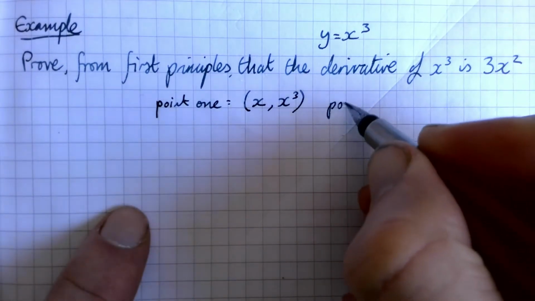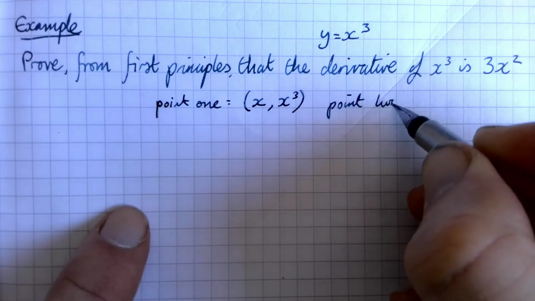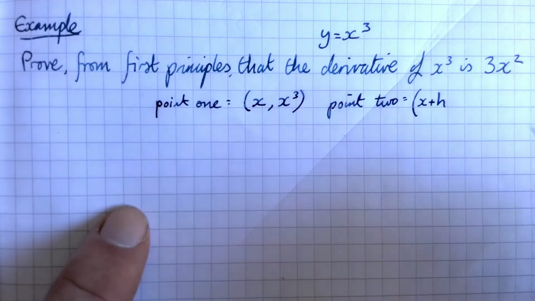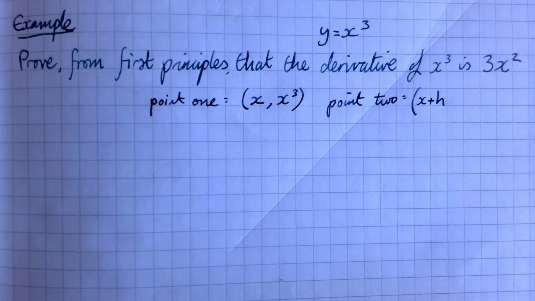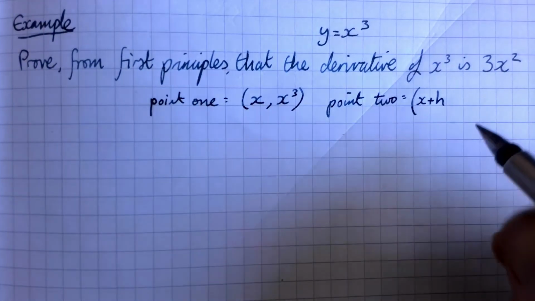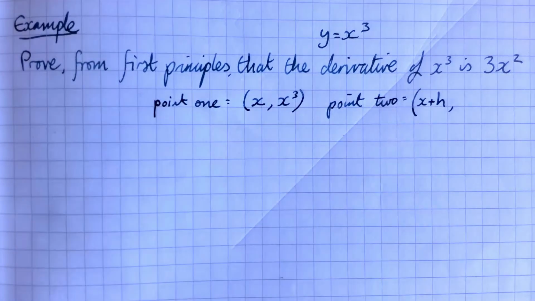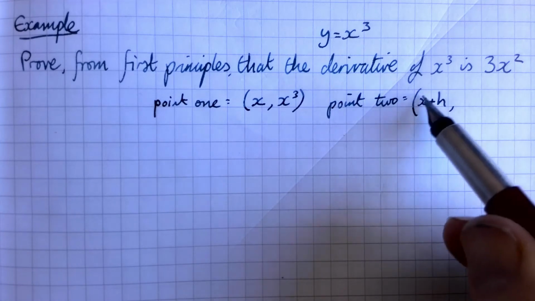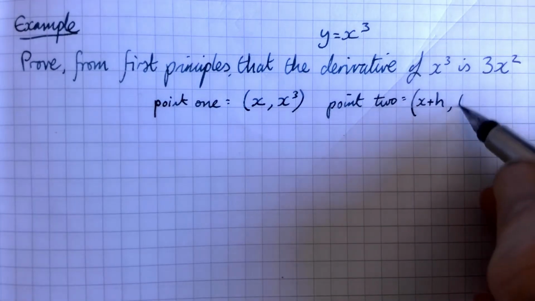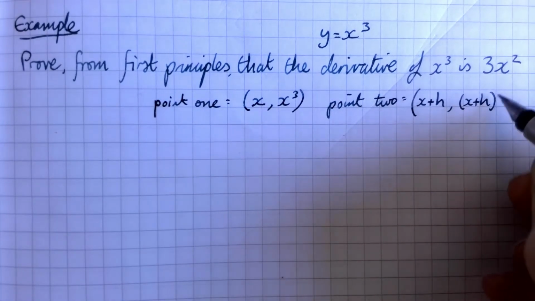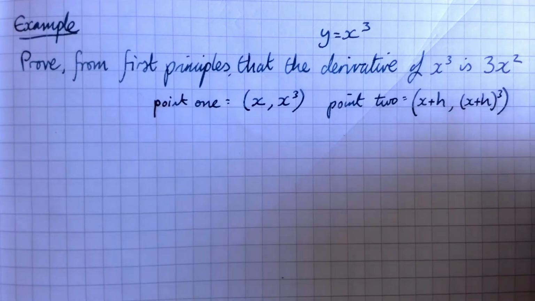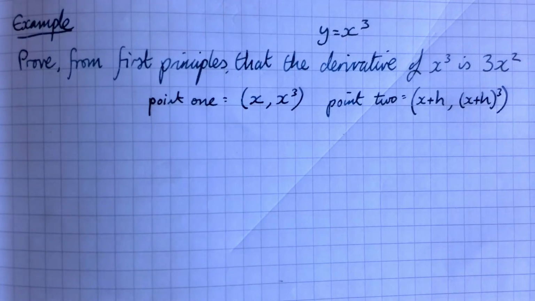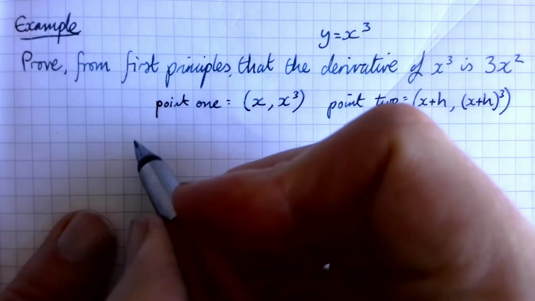And the second point, like we did yesterday, we're going to have the x coordinate as x plus h. So we're just adding a little bit on to our x value. Now if it was that much bigger, our y value would be x plus h cubed, so I'm going to write x plus h cubed in there. Those are the 2 points. Now what we've got to do is find the gradient between them.